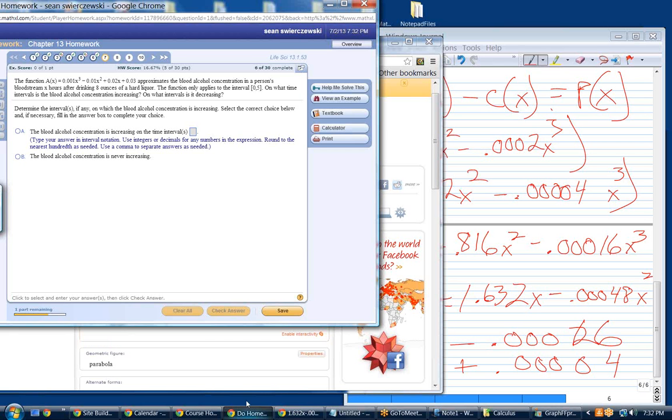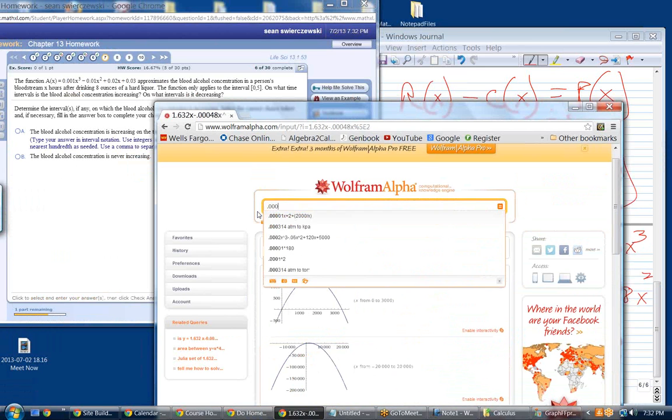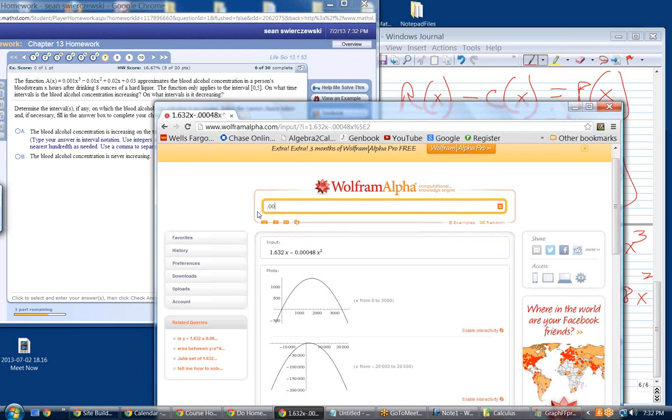Well, let's plot the function. 0.0001, no, see, I made a mistake already. 0.001 x raised to the third minus 0.01 x squared plus 0.02 x plus 0.03.